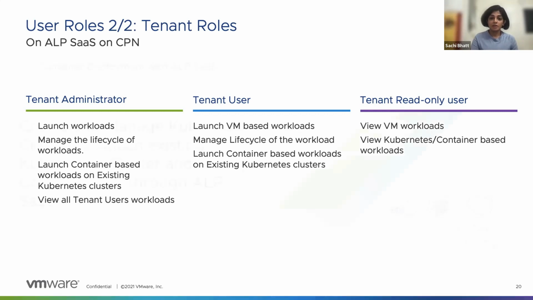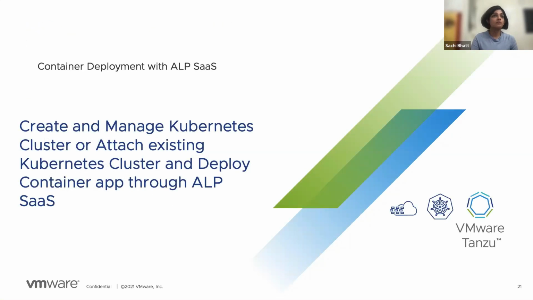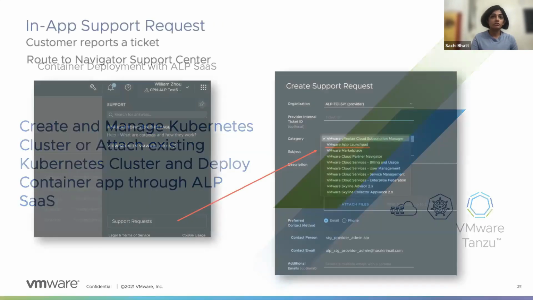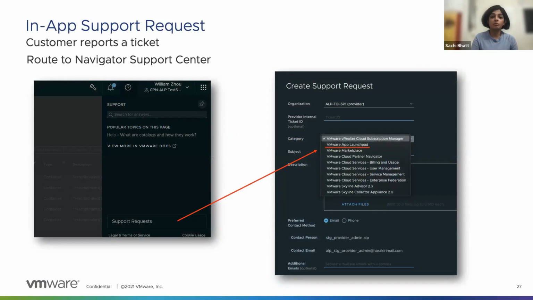Yeah. And I quickly wanted to show how to get support for App Launchpad SaaS. So one way is within Cloud Partner Navigator, you can select the VMware App Launchpad service.